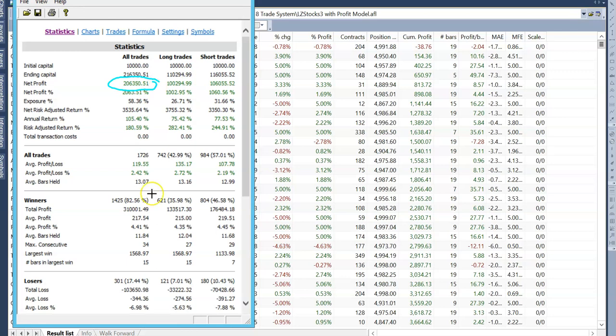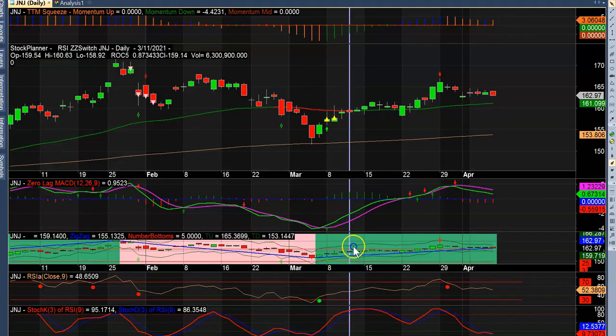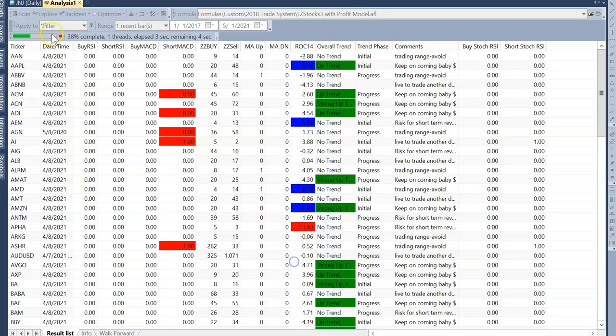Fantastic results. The winners have dropped down a bit, but we don't care. It's not about the percentage of winners. It's the amount of money that's left. This is still great. So if you have an indicator, in my case it's RSI, and you tune out all the noise to only get the good signals, you can instantly run a report against those.